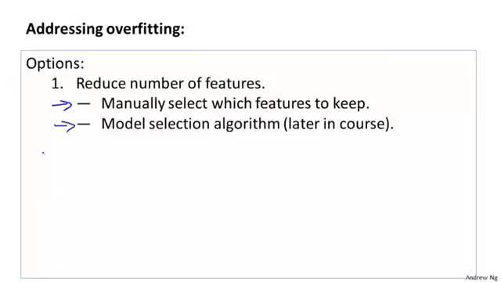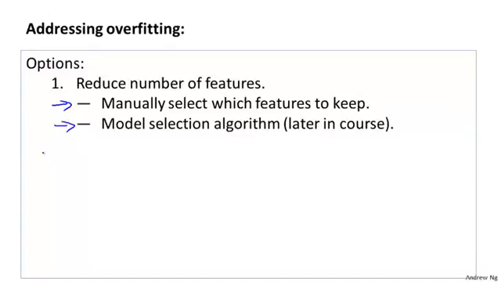Later in this class, we'll also talk about model selection algorithms, which are algorithms for automatically deciding which features to keep and which to throw out. This idea of reducing the number of features can work well and can reduce overfitting. When we talk about model selection, we'll go into this in much greater depth. But the disadvantage is that by throwing away some of the features, you're also throwing away some of the information you have about the problem.